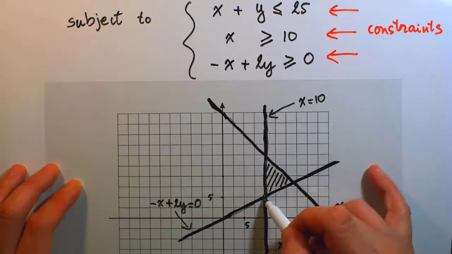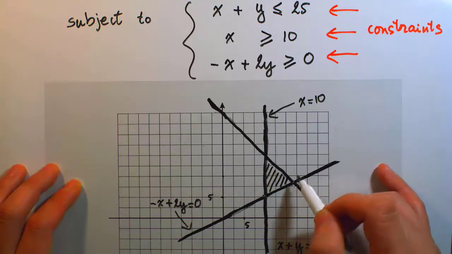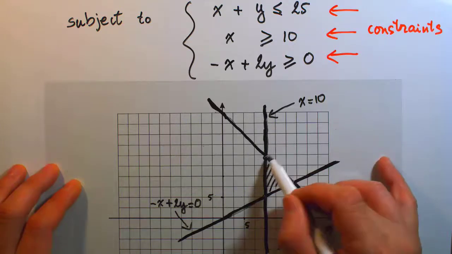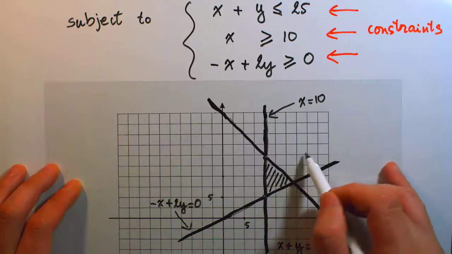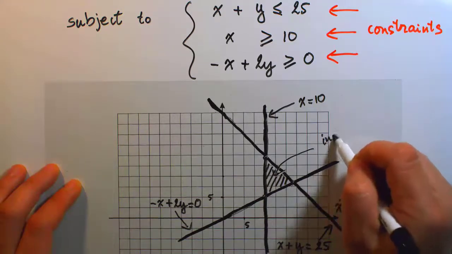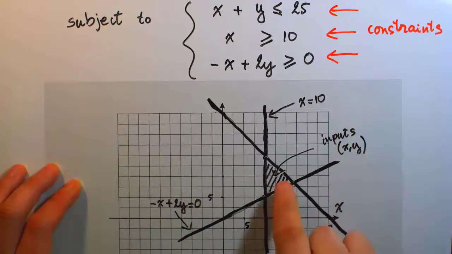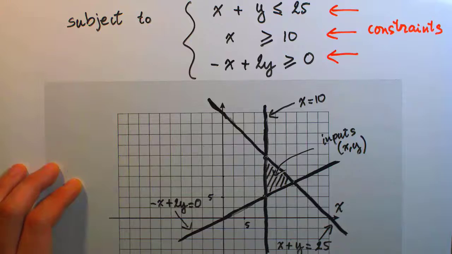And so, as I just said, we now only take pairs of x and y values from inside of that region.